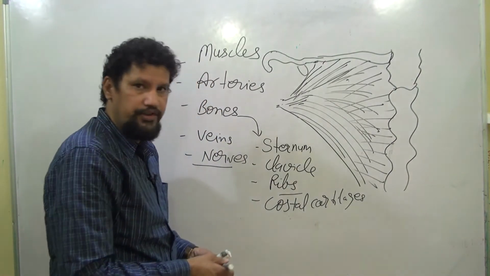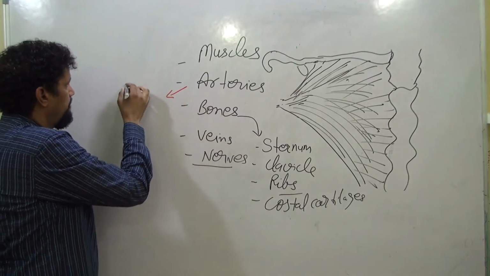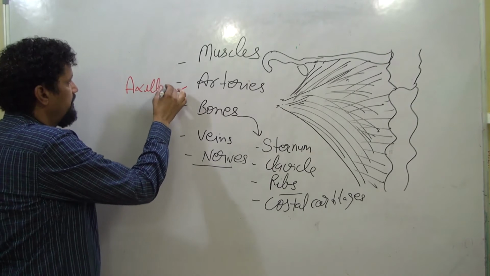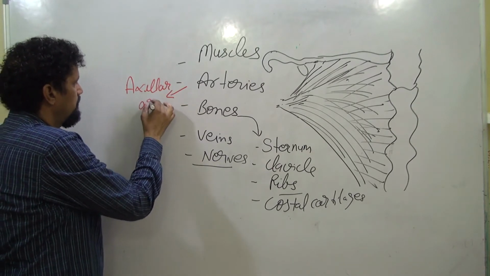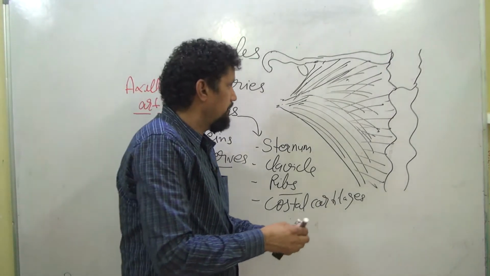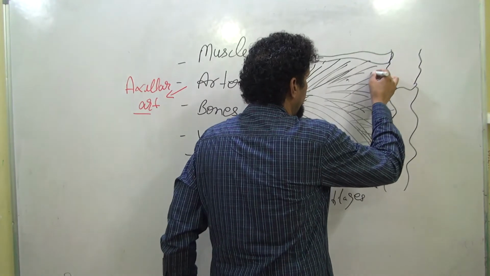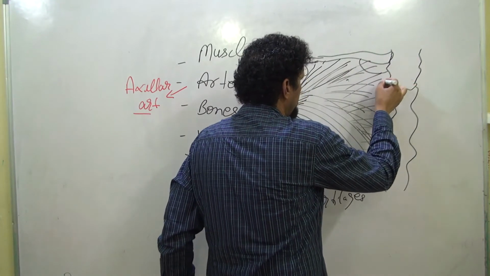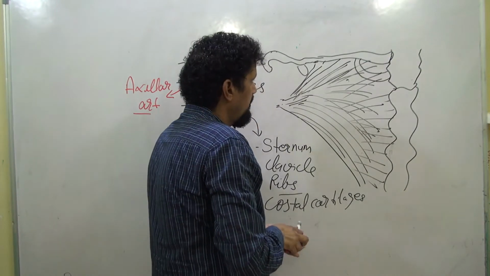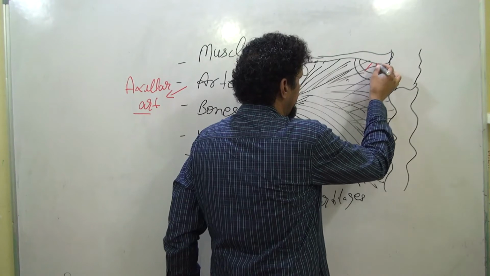When we talk about the arteries, the axillary artery is simply the continuation of the subclavian artery between the scalene anterior and the scalene medius muscle.